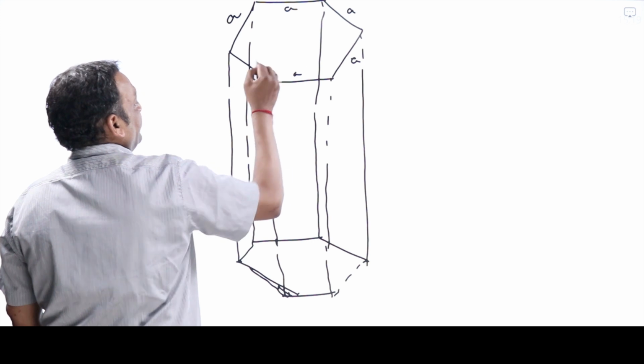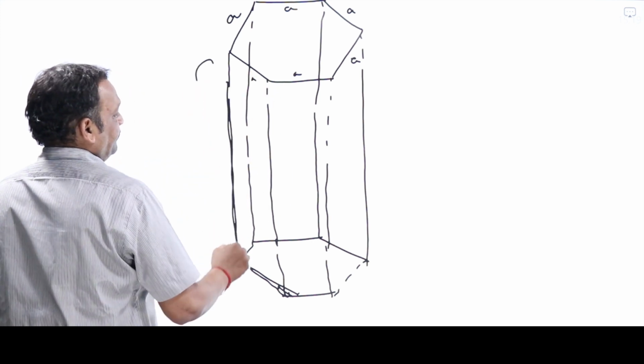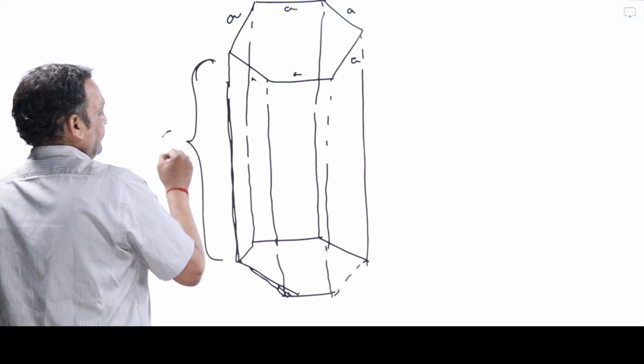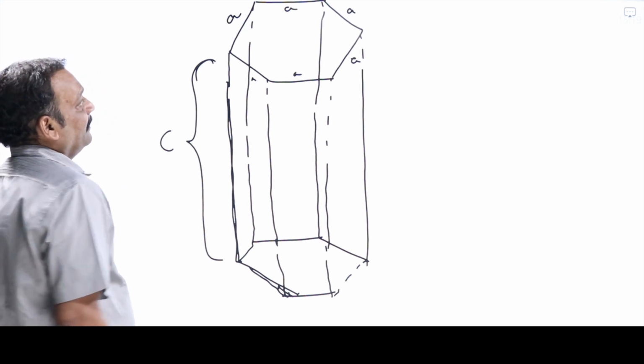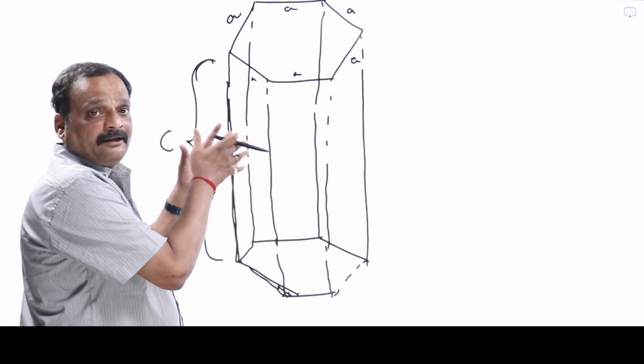This is known as the height of the unit cell, I'll take it as c. This is a hexagonal unit cell.